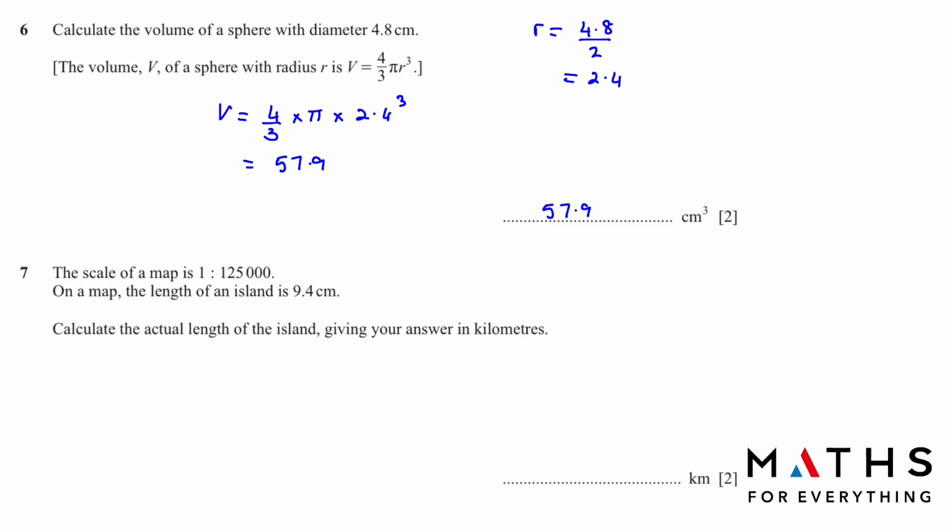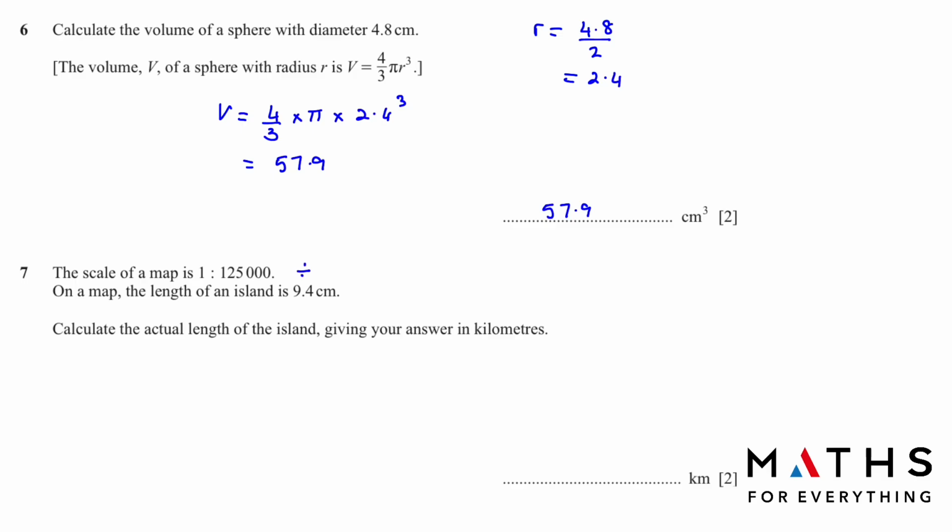Question number 7. The scale of a map is 1 is to 125,000. On a map, the length of an island is 9.4 centimeter. Find the actual length of the island, giving your answer in kilometers. So the actual length of the island we need to find. We have been given 1 is to 125,000 centimeter.